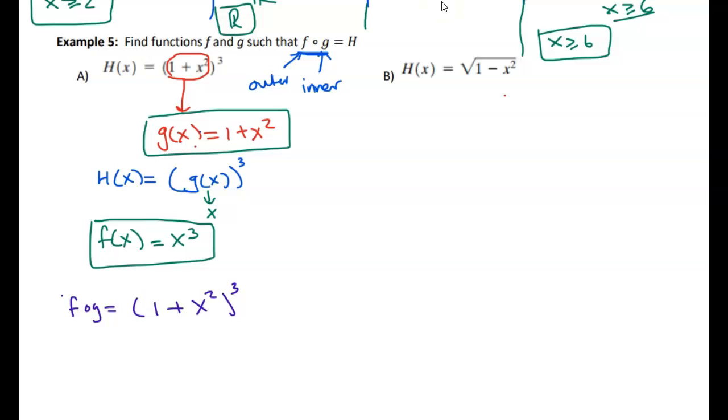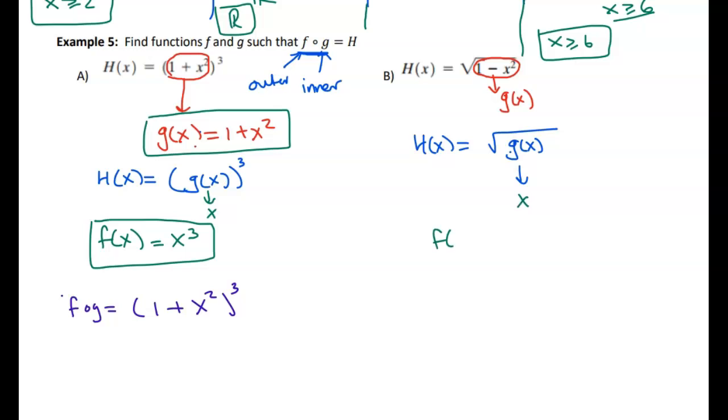Alright, part B, let's do the same thing. I have the square root of something, so let's call the inside of the radical g. That's the inner function. Let's rewrite h. h of x is going to be the square root of g of x. Then replace g of x by x.